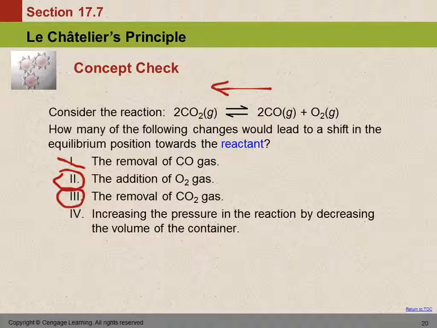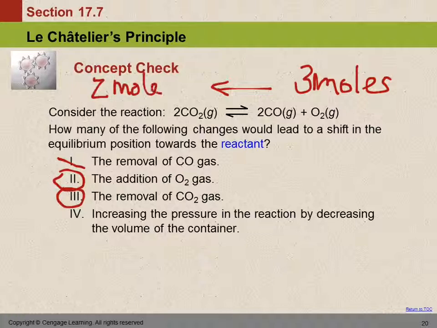What if I increase the pressure by decreasing the volume? Well, on this side we have 3 moles of gas. And on the left side, we have 2 moles. If I'm increasing the pressure, it wants to shift in a way to reduce the pressure.